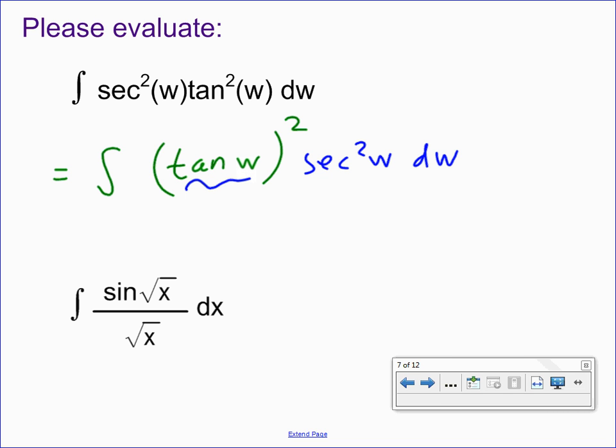Do we need to include any constants, any 1/2, any negatives? No, the derivative of tangent w is the secant squared w. So we'll add 1 to the exponent and divide by the new exponent. We get a constant 1/3, but that comes from the power rule. It doesn't come from providing for the derivative of the angle or the derivative of the base. So we can go right to our answer: this becomes 1/3 tangent cubed w plus c.